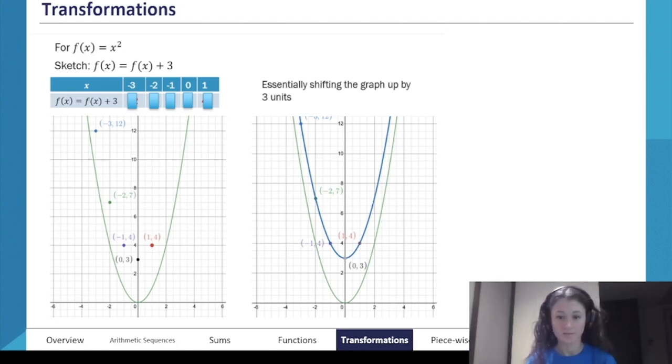If x is equal to negative 2, then y is going to be equal to 7. If x is equal to negative 1, then y is going to be equal to 4, and so on. So as you can see, for every value of y, we're always adding 3 onto the end, which is going to result in that vertical shift.